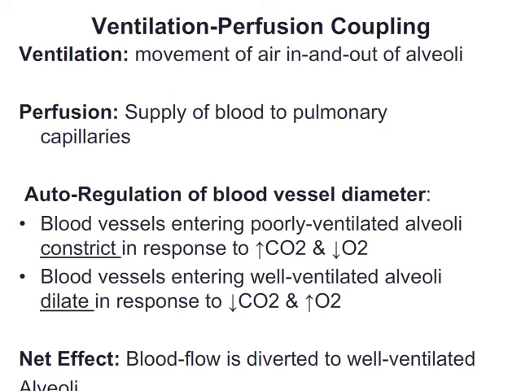As it turns out, not all alveoli are equally ventilated. So this process is called ventilation perfusion coupling, and it's a means of autoregulation. Remember, auto meaning self. And so we're able to regulate the amount of blood that goes to the alveoli based on how well those alveoli are ventilated.